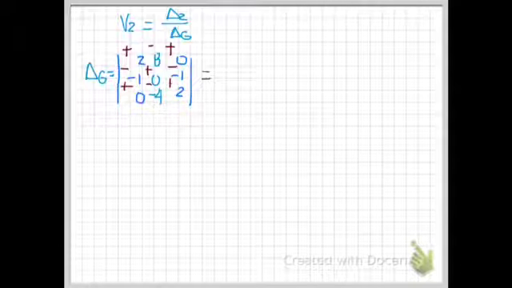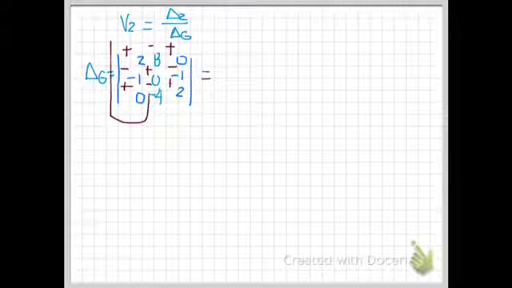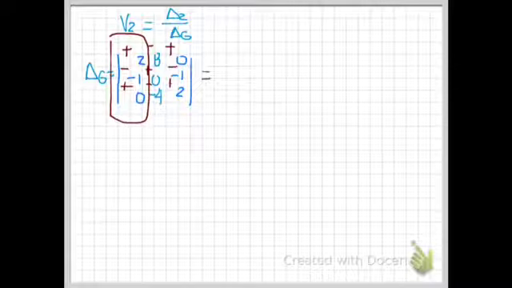Second, I need to select if we're going to use a column or a row. I prefer to use the column, so I'm going to use this column in order to find the values of the determinant number 2.